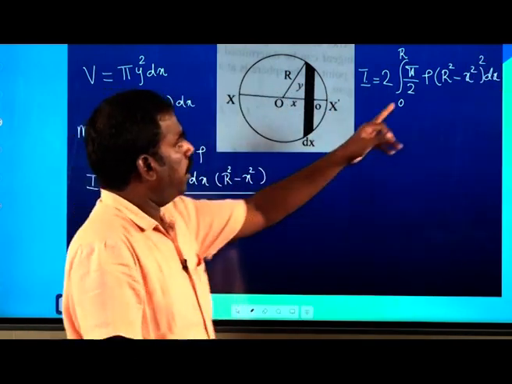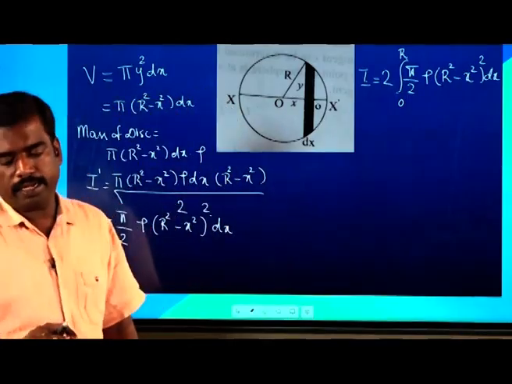Here the whole square is there, r square minus x square the whole square dx.